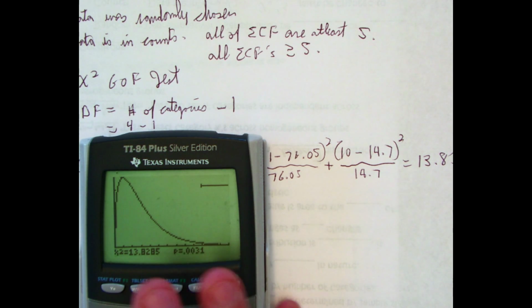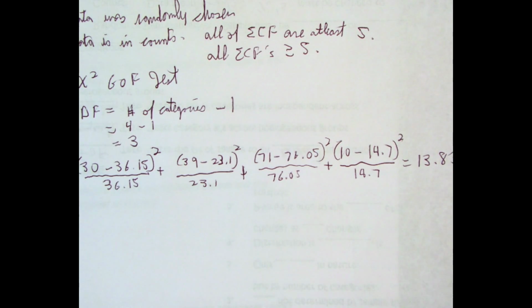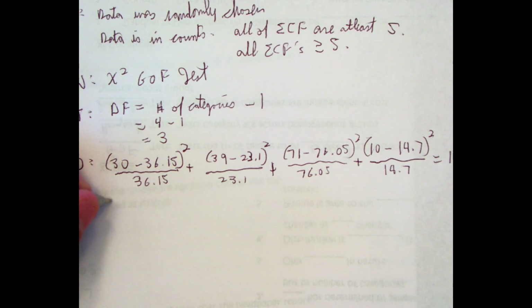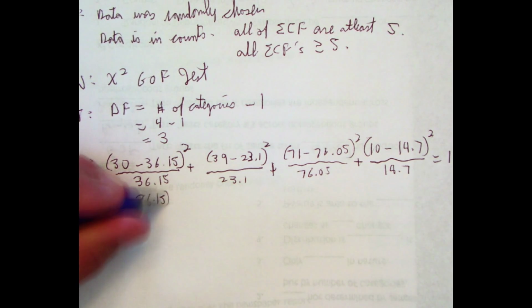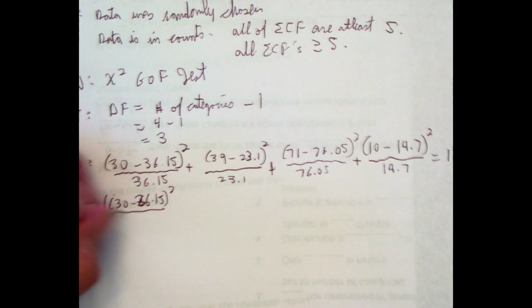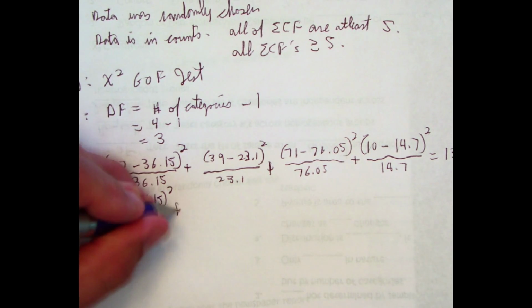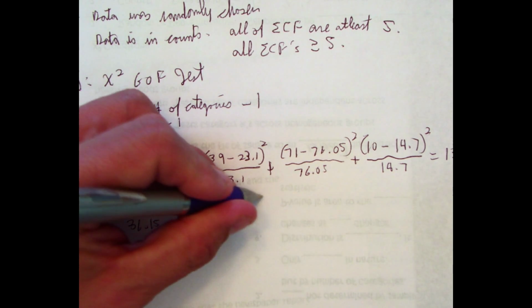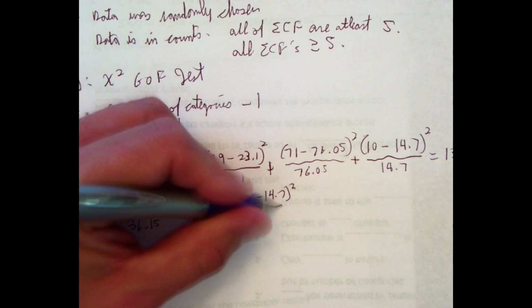So if I was doing this on a test, given this data, I would show the calculation like this. I would put the first one plus dot dot dot all the way to the last one. Okay.